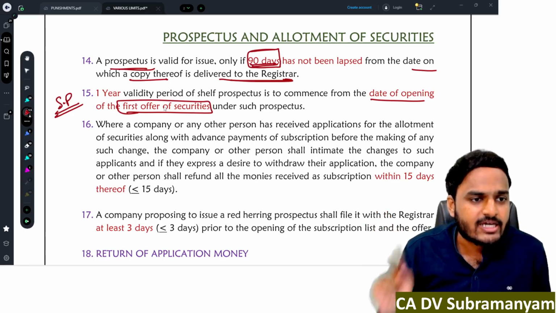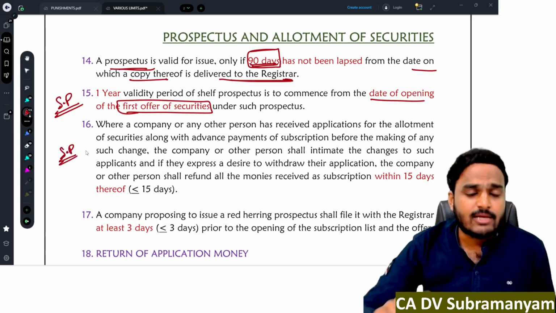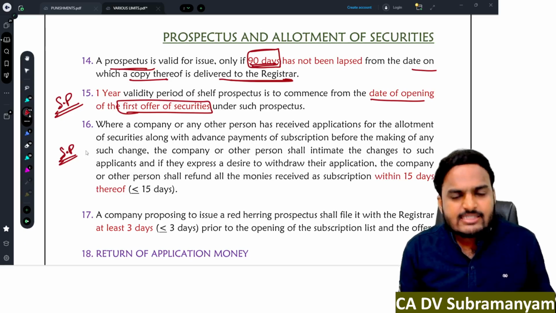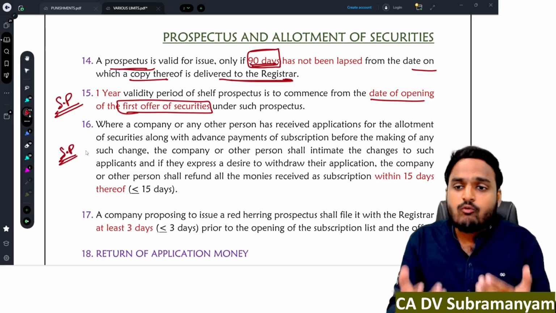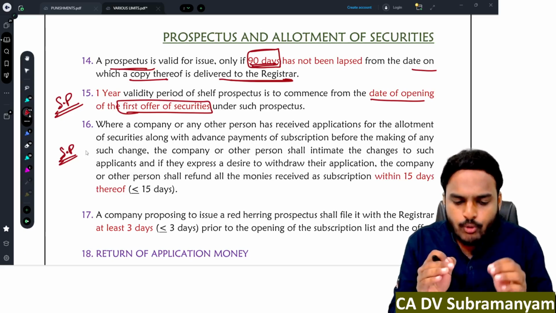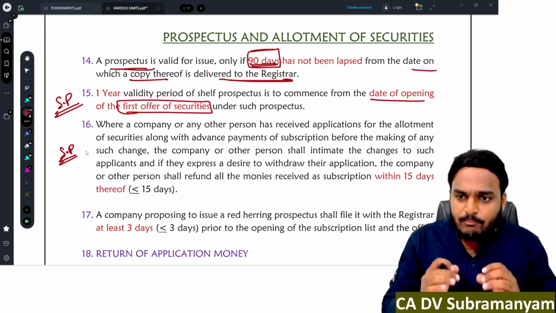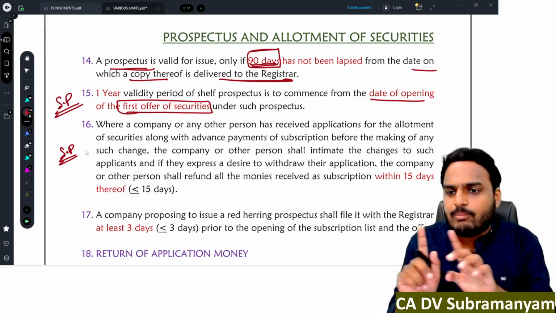period of 1 year. And in shelf prospectus, there is one more time limit. Whenever company receives advance applications, advance money in case of shelf prospectus, it is the duty of company to provide information memorandum to those applicants. And company must give withdrawal option to the applicants.